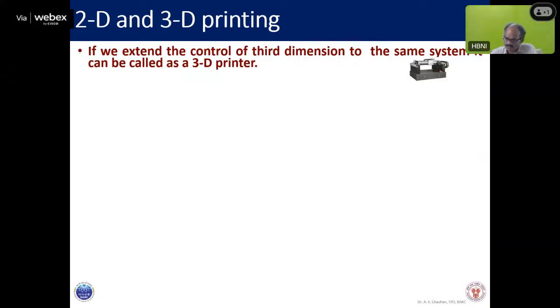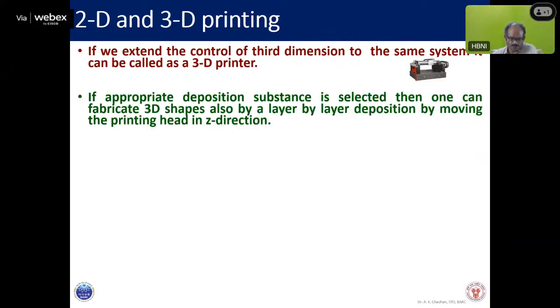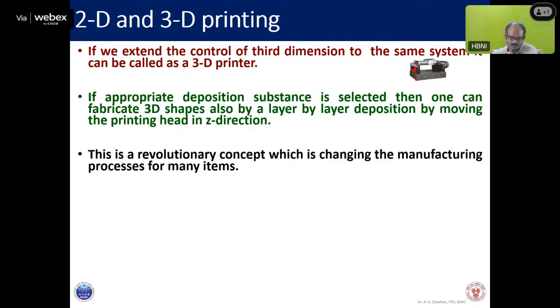You have one direction, two directions, and this is the third direction for the printing. So if an appropriate deposition substance is selected, then one can fabricate 3D shapes by layer deposition, by moving the printing head in the Z direction.